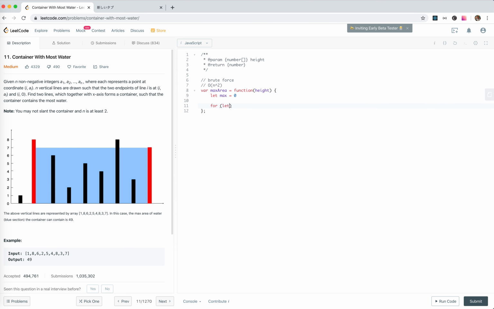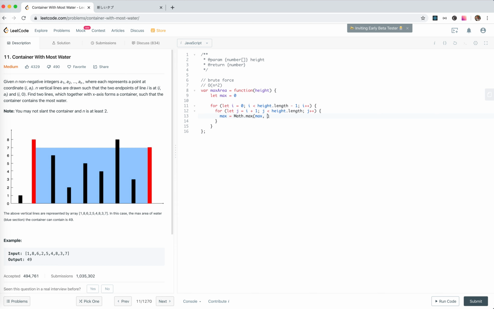So for let i equals 0, height is an integer array. Then the result equals max.